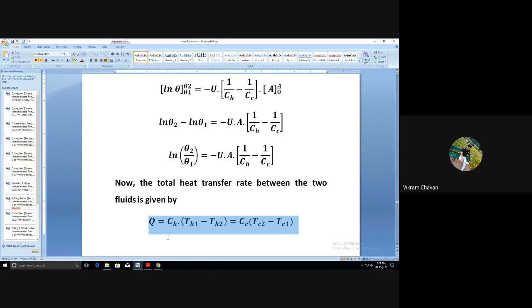Ch is nothing but m dot h multiplied by Cph. So Ch multiplied by Th1 minus Th2 is equal to Cc multiplied by Tc2 minus Tc1.